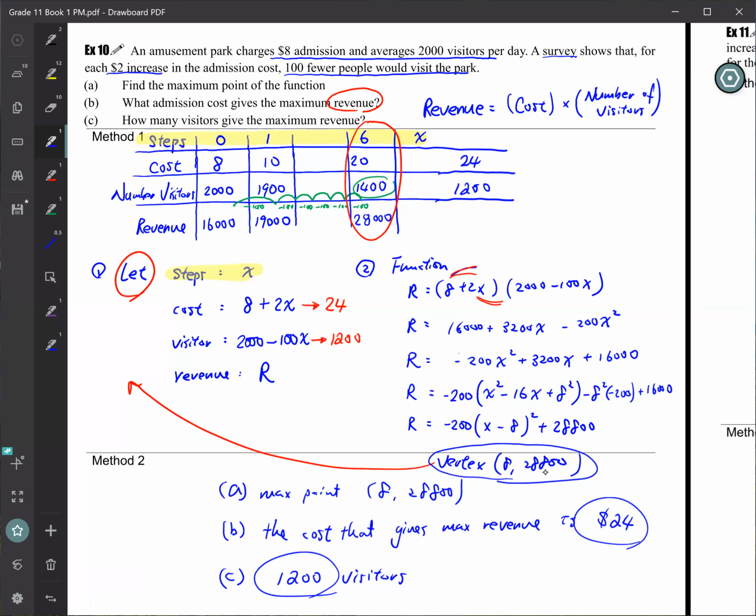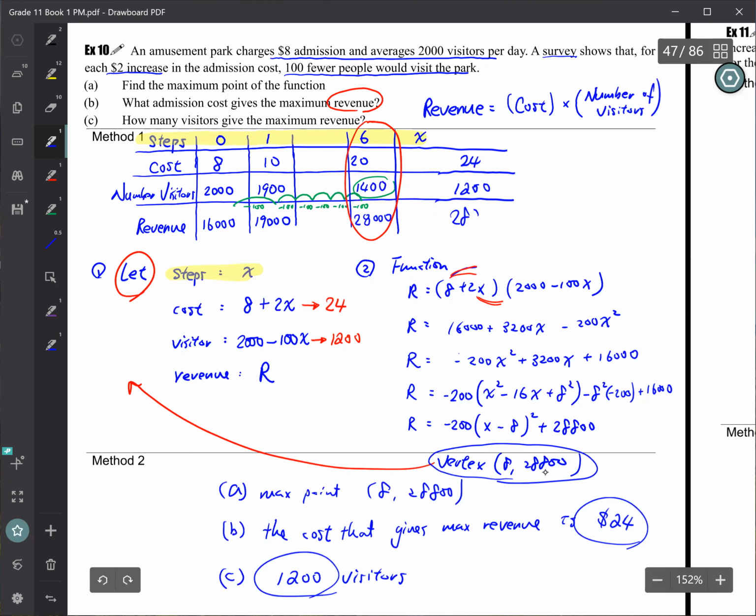Then what's the revenue then? Marcus, can you find that? Sorry, for what, 1,200 visitors? Yeah, 1,200 visitors with $24 each. Would be 28,800.